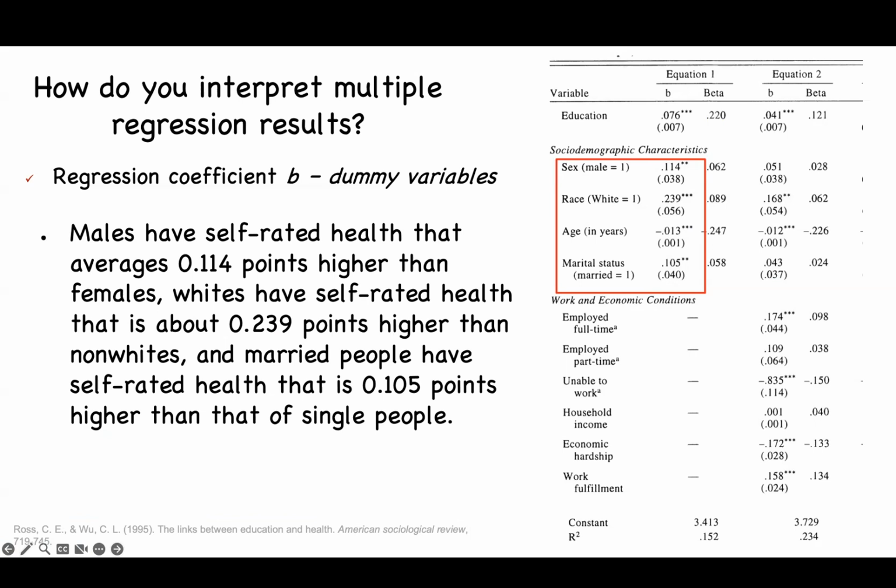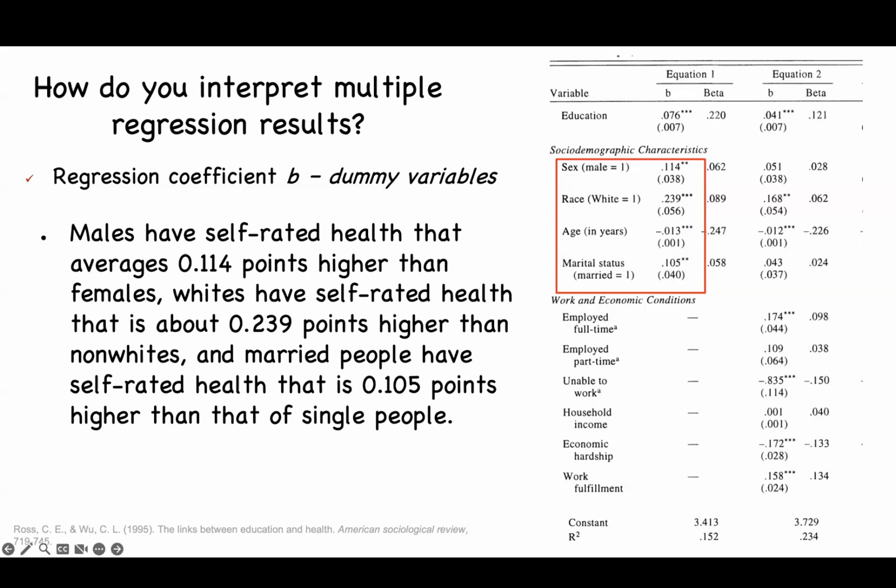In this table, male is coded as 1 versus not males as 0. White is coded as 1 versus non-whites as 0. Married status is coded as 1 versus other, like single, as 0. Males have self-rated health that is on average 0.114 points higher than females.